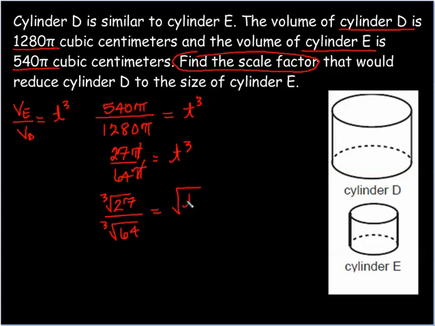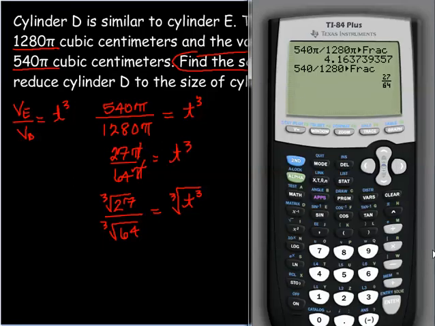The reason I'm cubing everything is because I want that t all by itself. Because when it's all by itself, then I'll know what my scale factor is. If you use your calculator, and we can do that too, to figure out what 27 and 64 cubed are, all you have to do is type in, oh, I got excited.